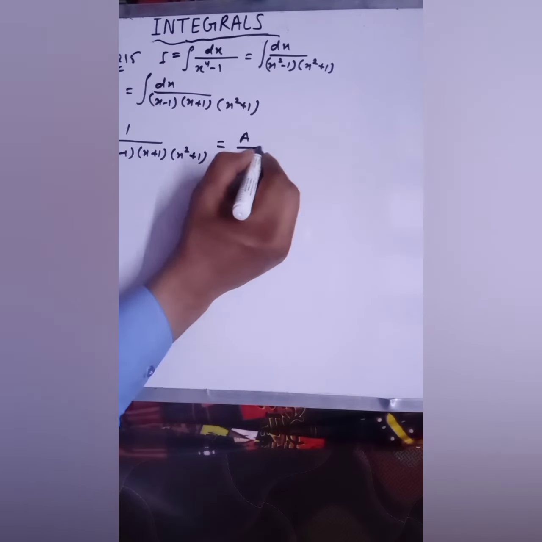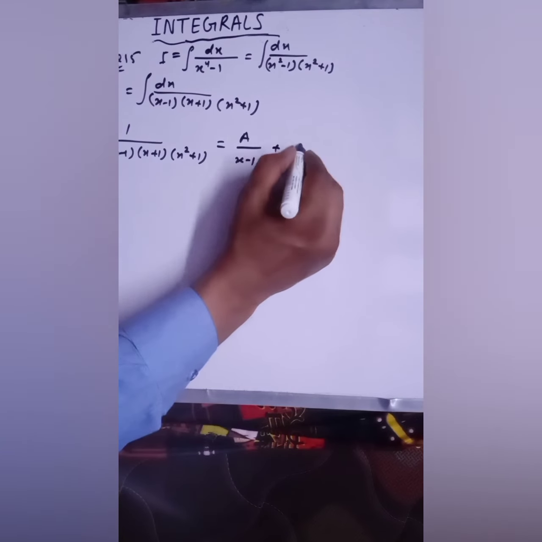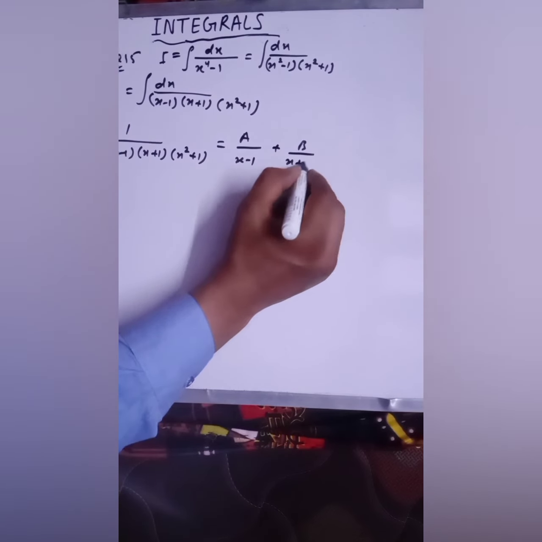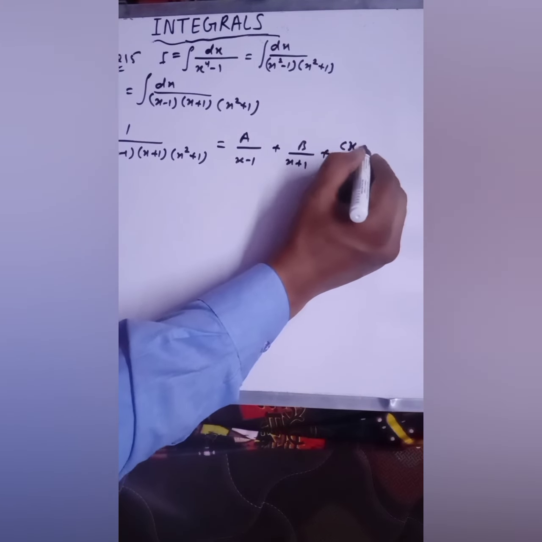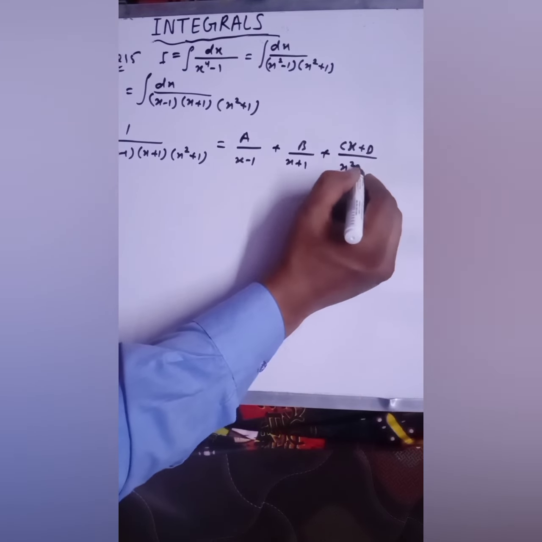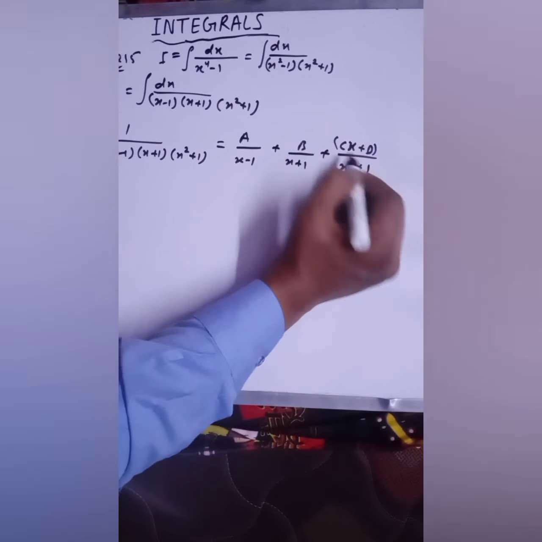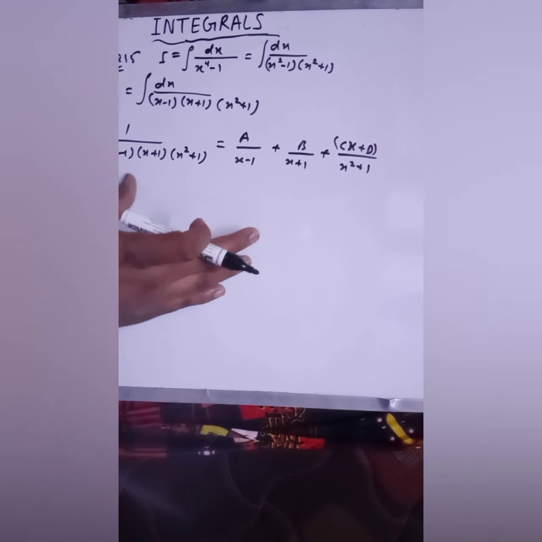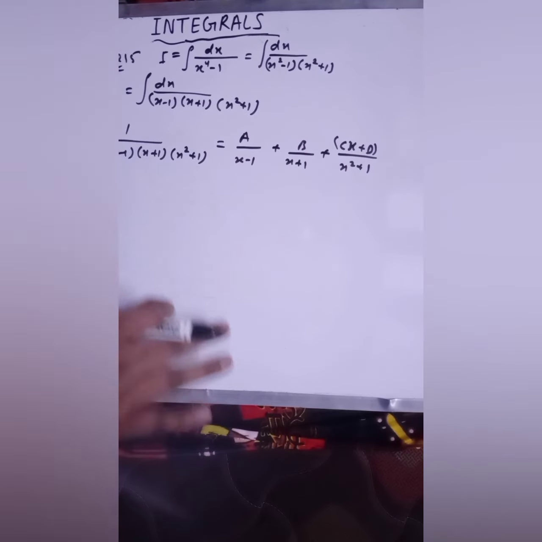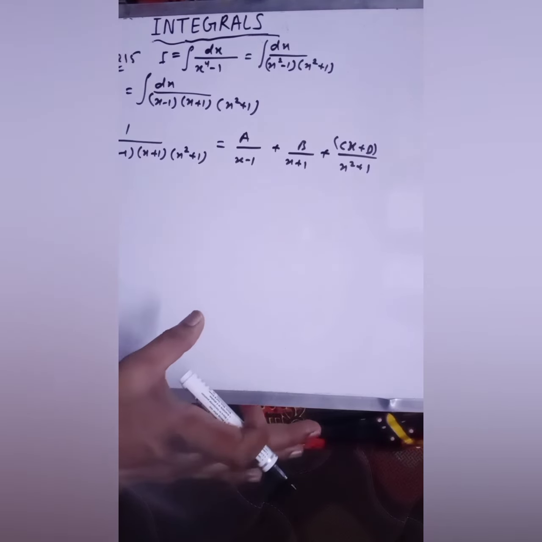So this would be a over x minus 1, plus b over x plus 1, plus, this is a quadratic factor, so you will write c x plus d over x square plus 1. Okay, in the next step, you just have to take the LCM. Fine. And the way of doing the question will remain the same.